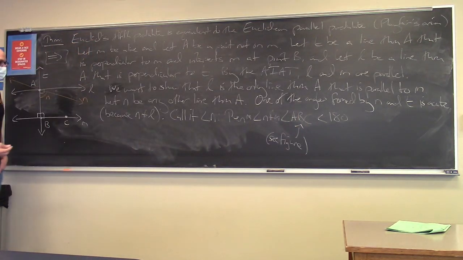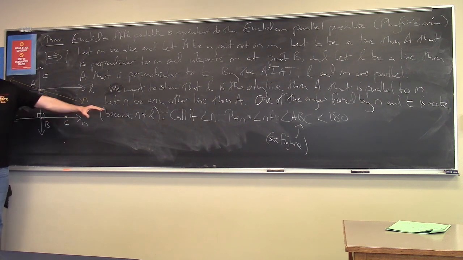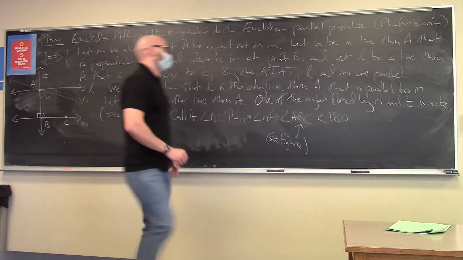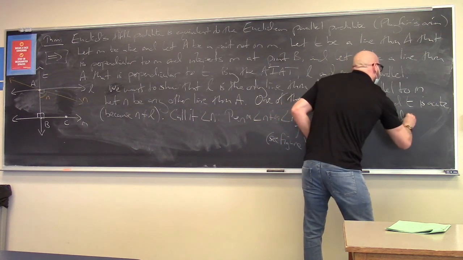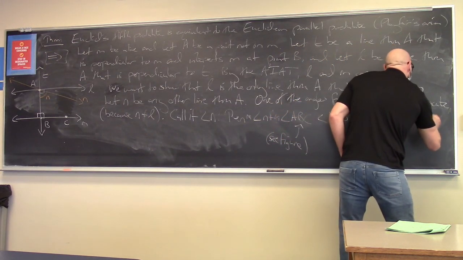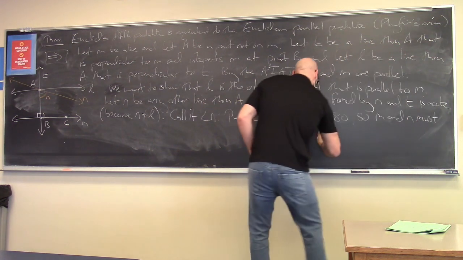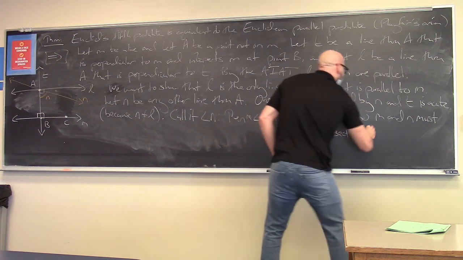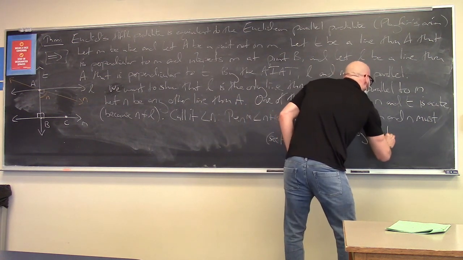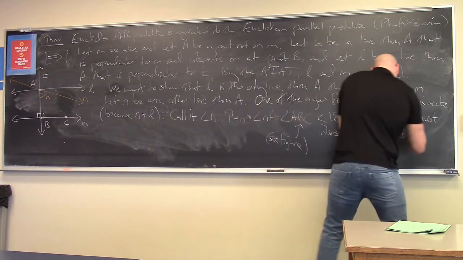Well, that means I can assume Euclid's fifth postulate, and because these two interior angles on the same side are less than 180 degrees, Euclid's fifth postulate tells me they must intersect, right? So M and N must intersect by Euclid's fifth postulate.